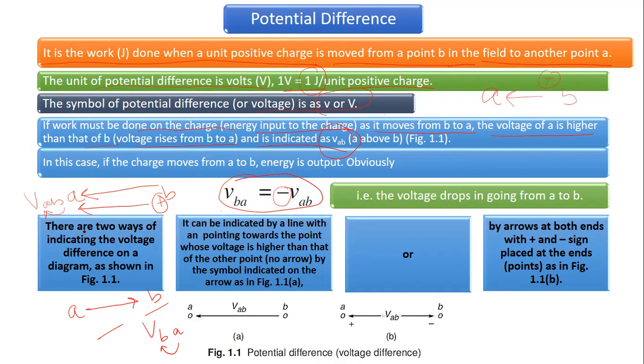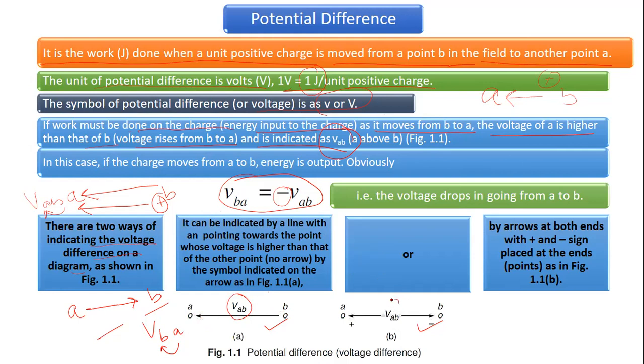It is also mentioned here: there are two ways of indicating the voltage difference, as shown in the diagram. Here you have two diagrams. In this one, the tail of the arrow is towards B and the arrow head is towards A. So it is VAB, because the voltage is from B to A. This is one way of showing the direction of voltage.